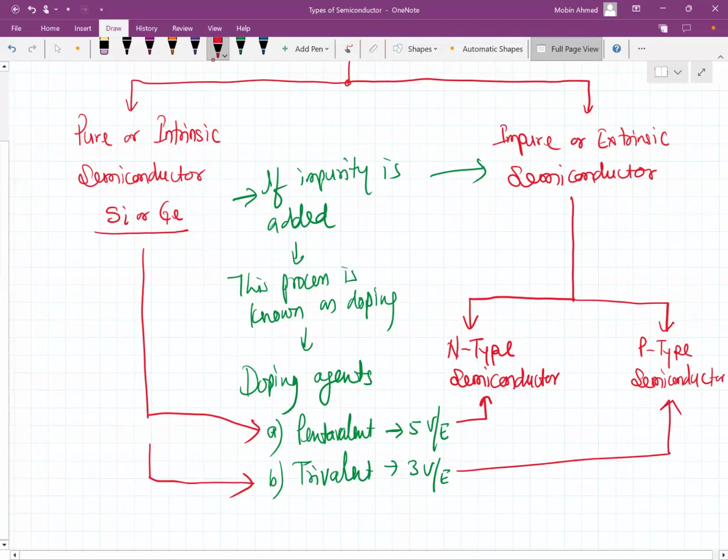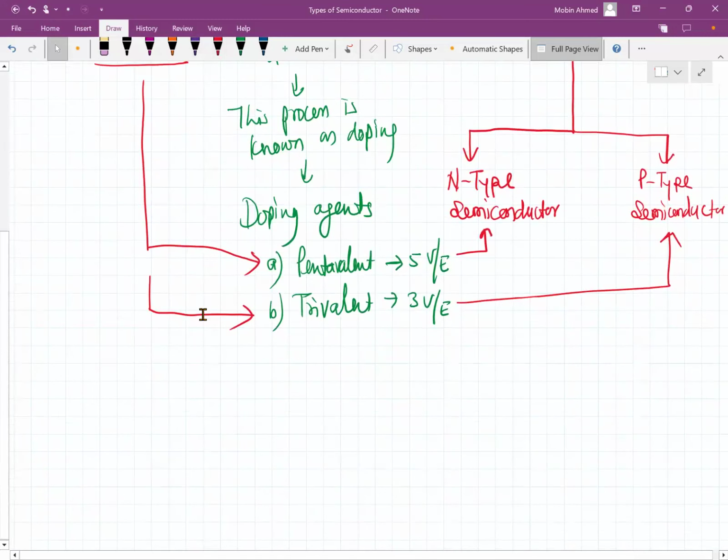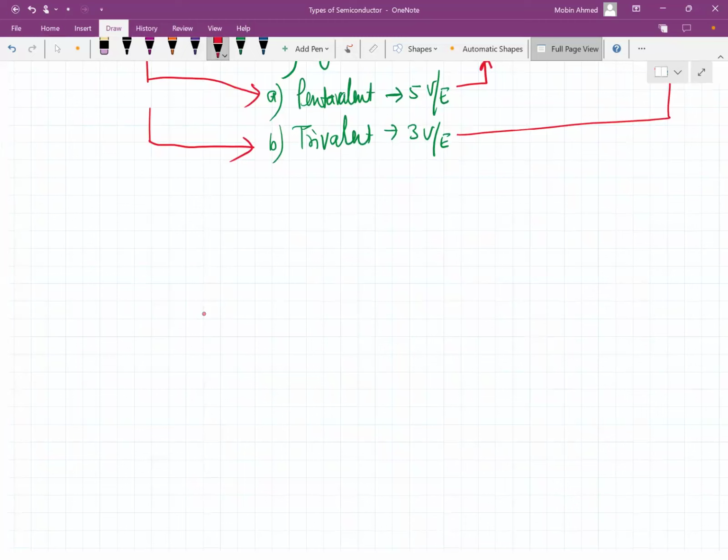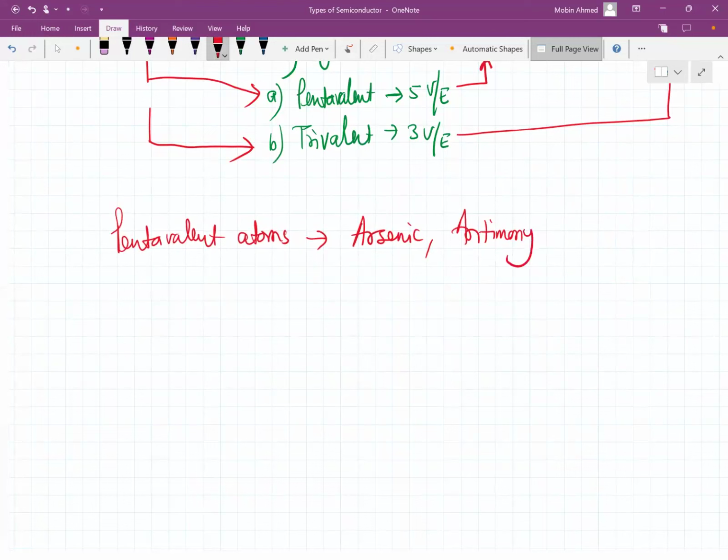Now exactly what is happening in this? Let's first see what the pentavalent atoms are. Pentavalent atoms, for example, are arsenic, antimony, and phosphorus.